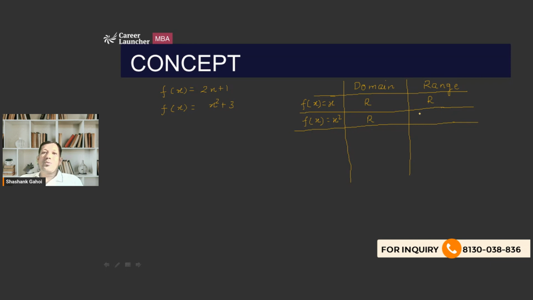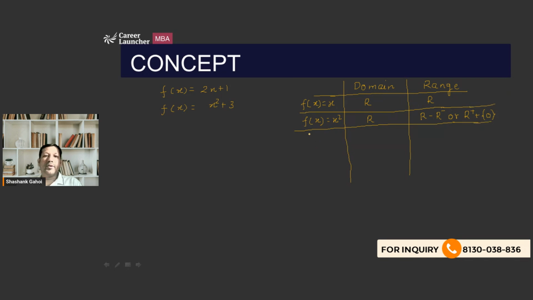So it is going to give me all the positive real values, or I would say non-negative real values. So it can be said as R minus R minus, where R denotes real numbers, R minus denotes negative real numbers. So it can be either 0 or positive, or we can write it as R plus, meaning all positive real numbers plus 0. So this is what we are going to get.